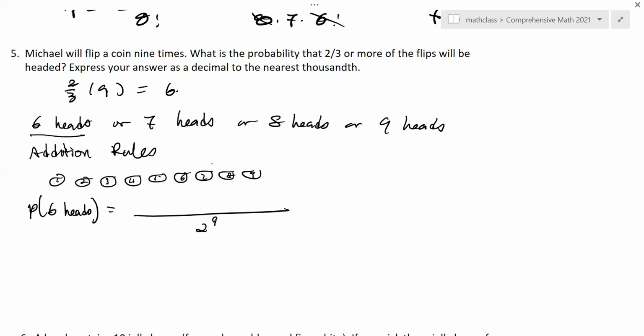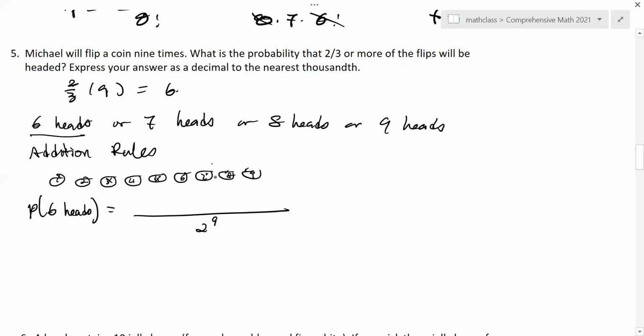But for the numerator, you want to get exactly 6 heads. So you have 9 students, and you select 6 students from a committee. If those students are selected, you get an H. So this is like number 3, number 4, number 5, number 7, number 8, number 9, and then number 1, 2.